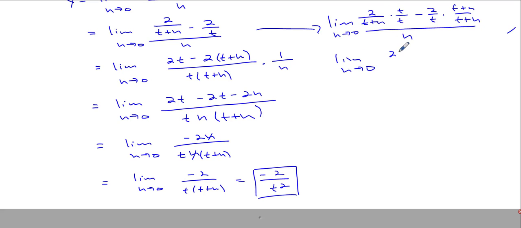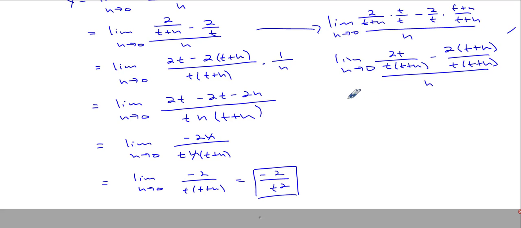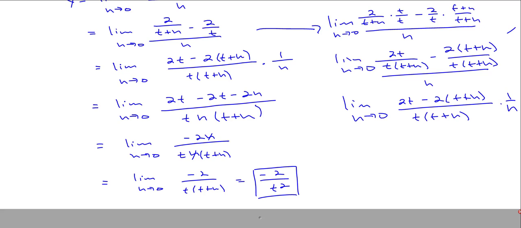So we have 2t over t times t plus h minus 2 times t plus h all over t times t plus h, all over h. Okay, so now we have common denominators. And then multiply by 1 over h. So if you need to take a couple steps to get to this one, that's fine. Write it out.